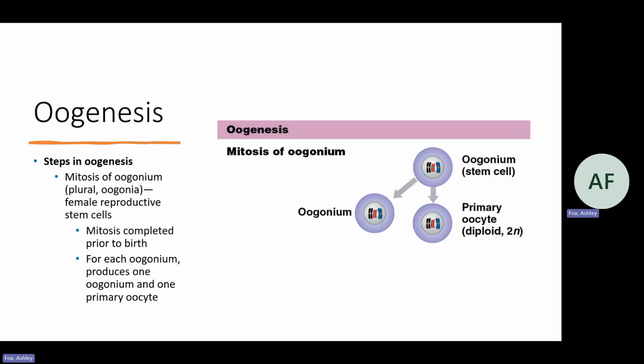So first is the same step that we saw with the male reproductive tract, that we start with mitosis. So mitosis of the oogonium. That again is going to be a stem cell. So remember, in male it's spermatogonium.